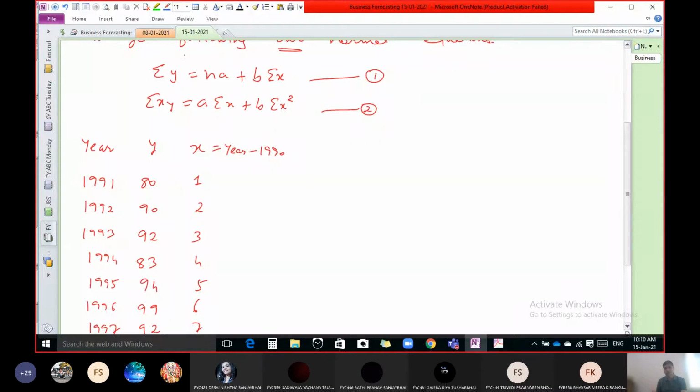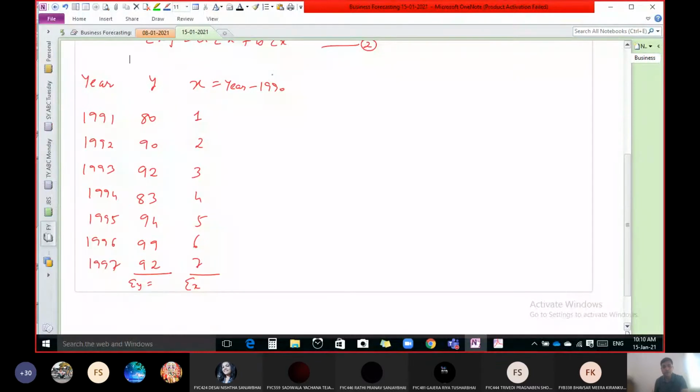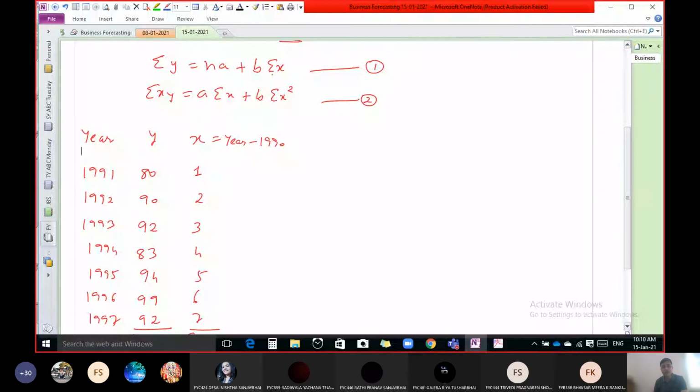But if we are able to convert the total of x, that means sigma x, to 0, then what will happen? If this becomes 0, then 0 into anything becomes 0. So we get the direct value of a as sigma y upon n. And if sigma x is 0, we get the direct value of b as sigma xy upon sigma x square.